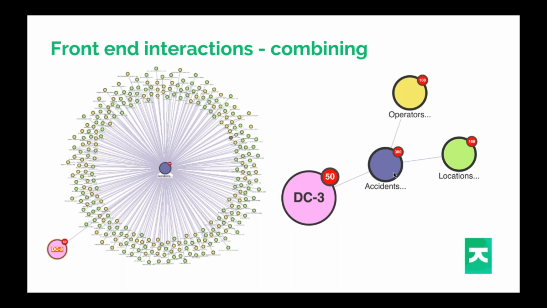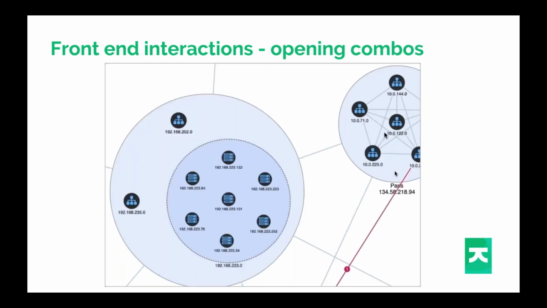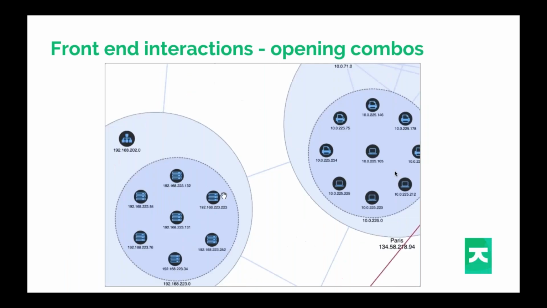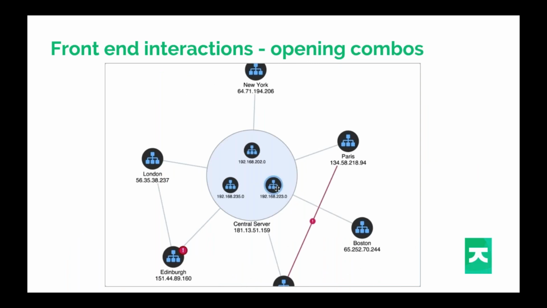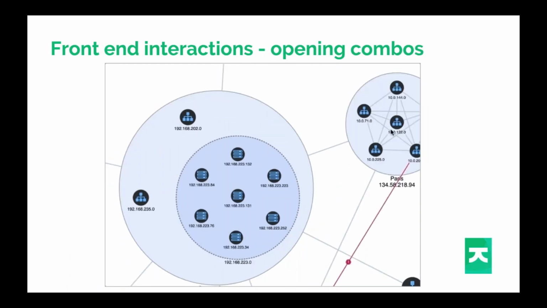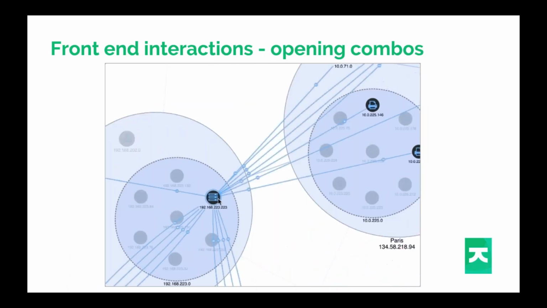If you look at the view on the right, it's a much nicer view of the same thing, where we've combined things together. And do you do this on the back end or the front end? It entirely depends on whether you want to give your users the ability to drill down and look inside these groups. If you want them to look inside it, then KeyLines has this fantastic combos capability that lets you do that. So here you can see an example where we are drilling down for more detail.